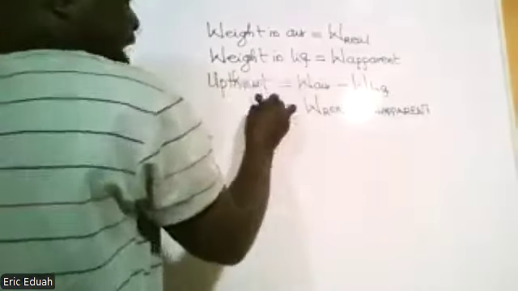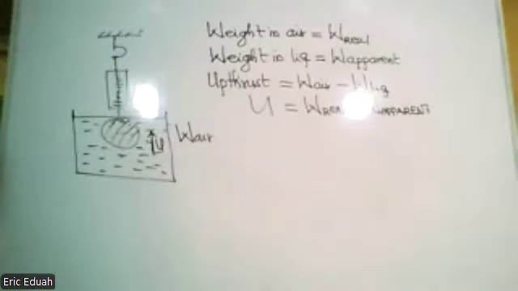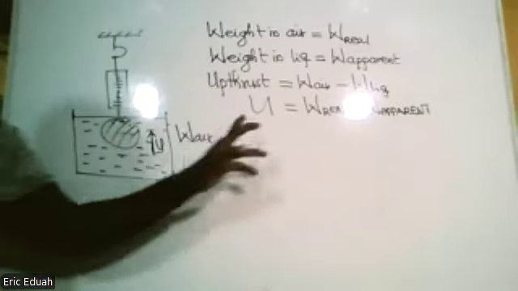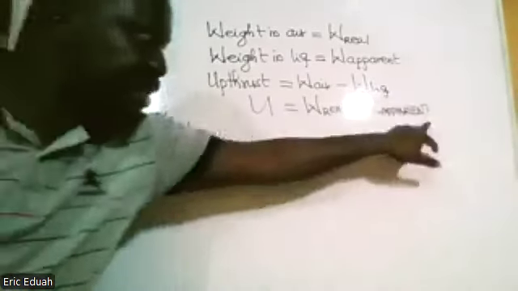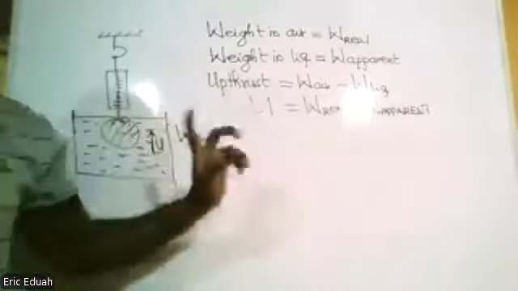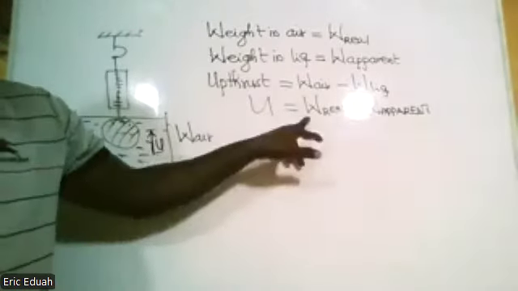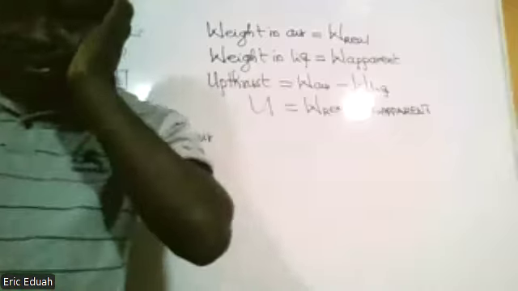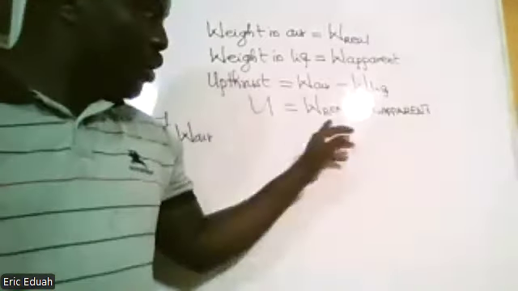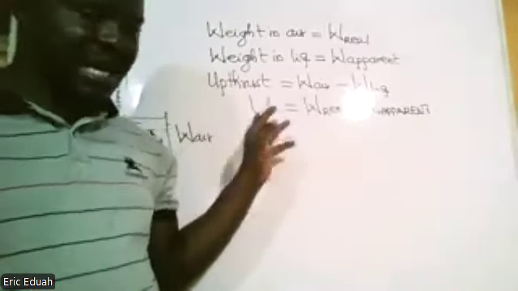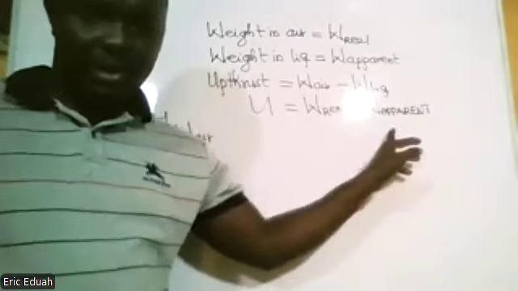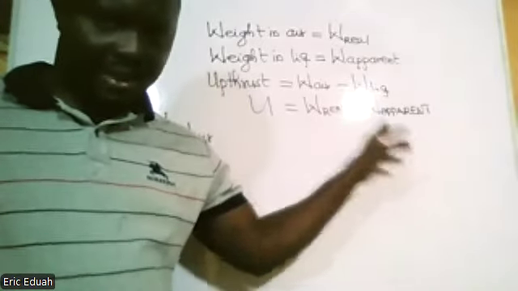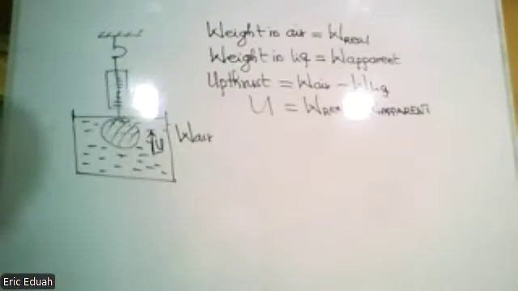So this is the expression for upthrust. This is actually what we are looking for, meaning we need to know the real weight and the upthrust to calculate the apparent weight, right?